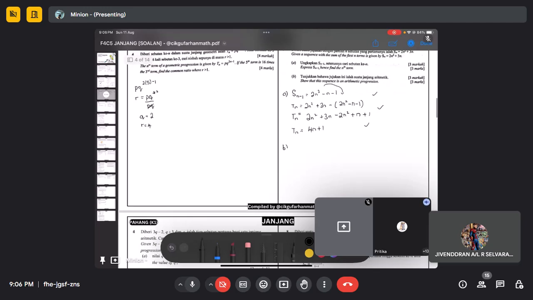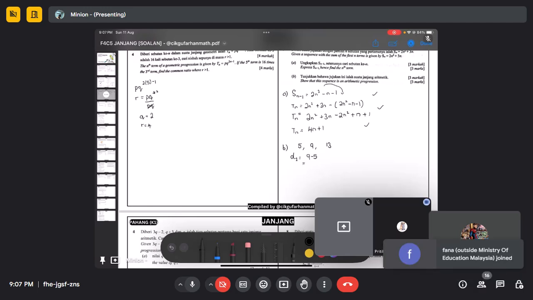Question B. Show that the sequence is an arithmetic progression. So you get T1, 9 minus 5, equals 4. And this one is very important because we have already learned this in a few classes ago, the recent classes.